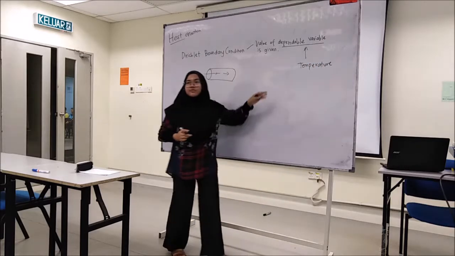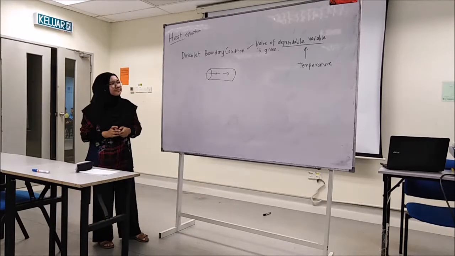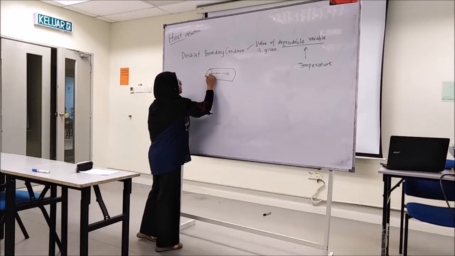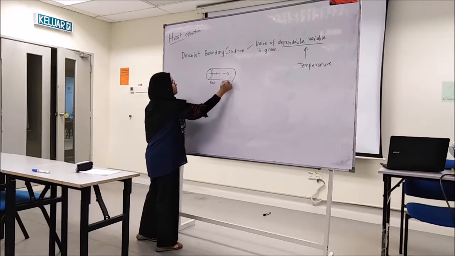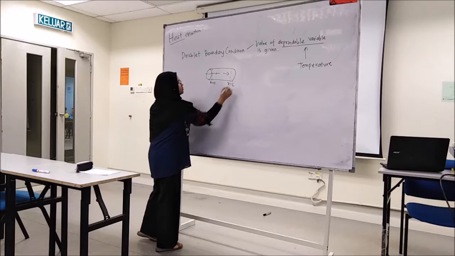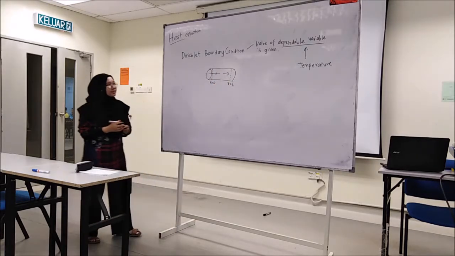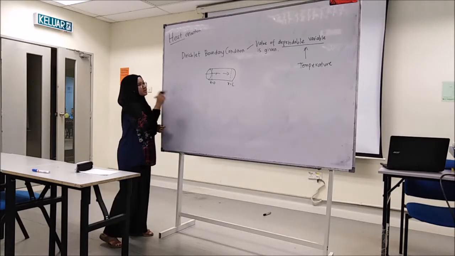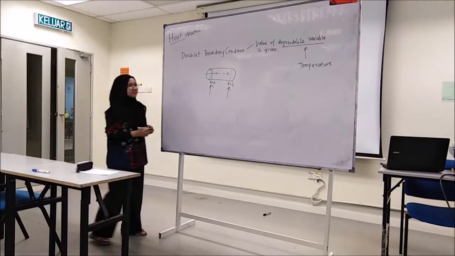Heat is always involved with temperature, right? So the temperature is given at some position, in this case for x equals 0 and x equals L. So the temperature is given at this position and this position.